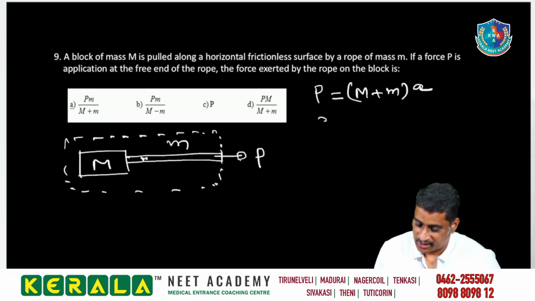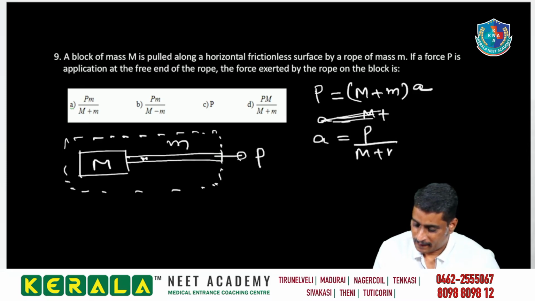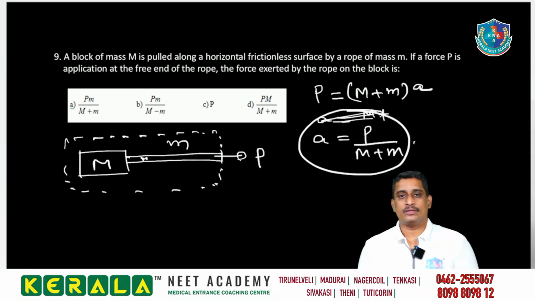Therefore, the acceleration of the system of block and rope is given by a = P/(M + m). Okay, this is the acceleration.